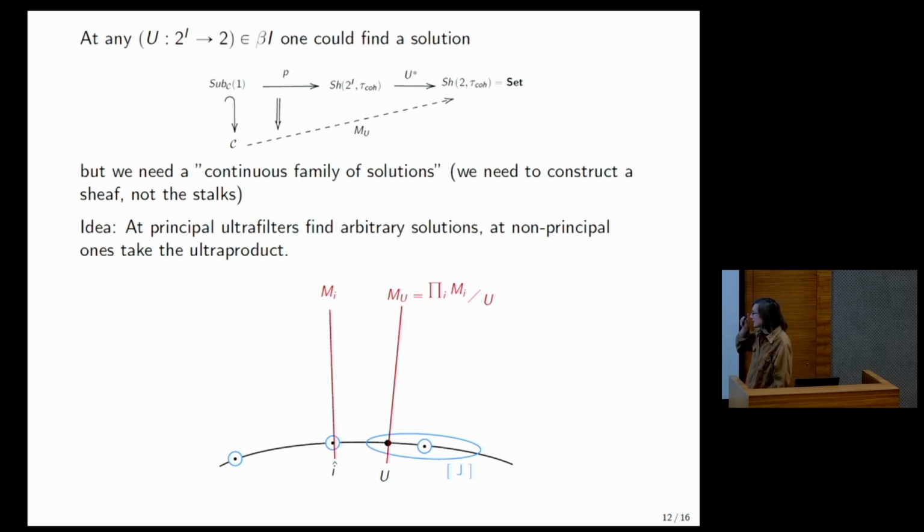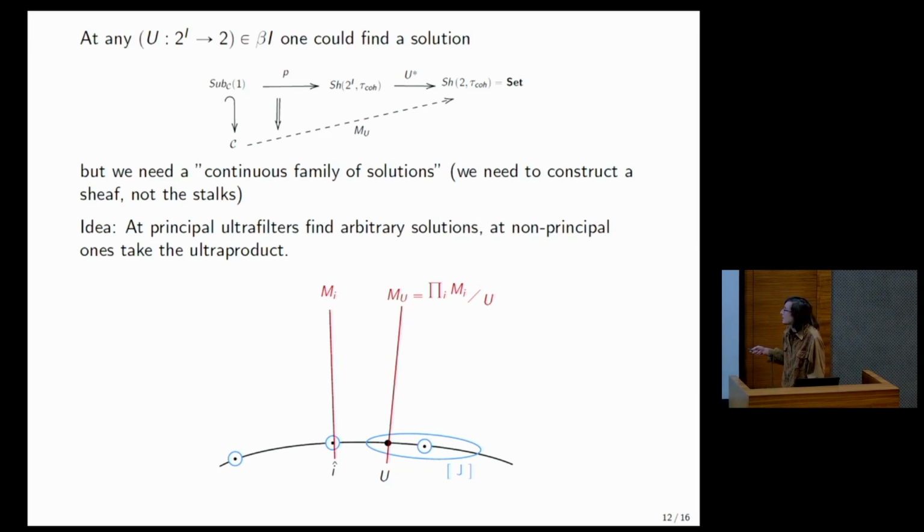And now the idea is that this is how the spectrum of a power set Boolean algebra looks like. So it's the space of ultrafilters. You have the isolated points, which are the principal ultrafilters, and your basic opens or basic clopens are given by subsets of your index set, and here you have all the ultrafilters which contain that set.